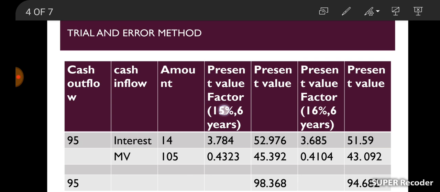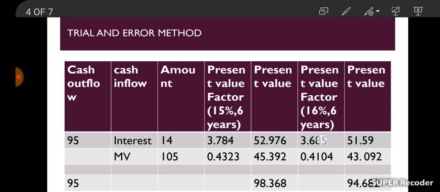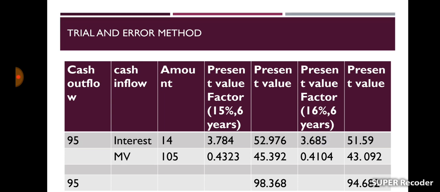Now we are going to calculate the present value of cash inflows by using 16% as the discount rate. Here the present value annuity factor at the rate of 16% for 6 years is 3.685. So we are multiplying this with 14.